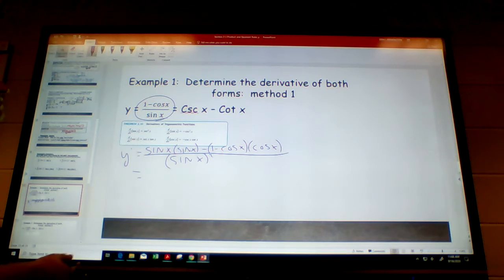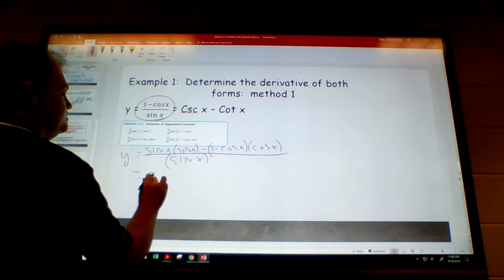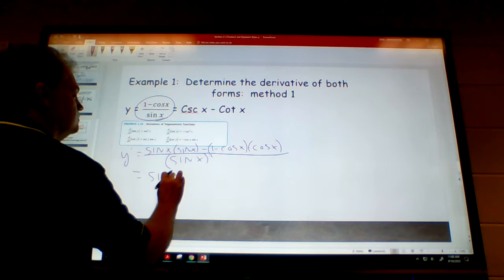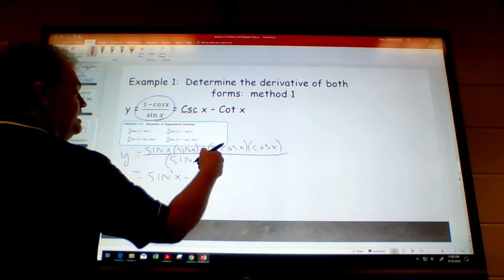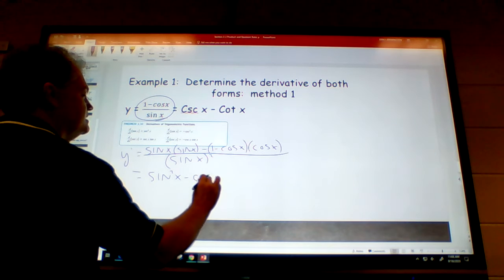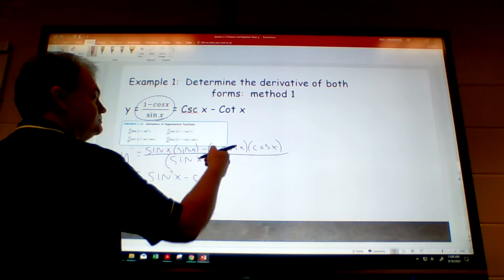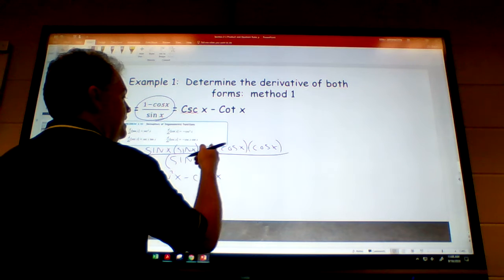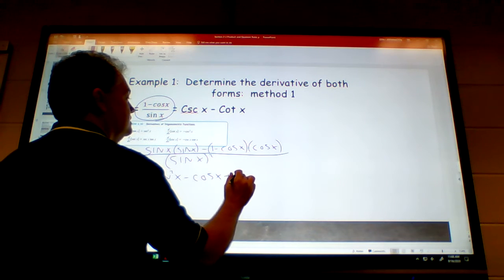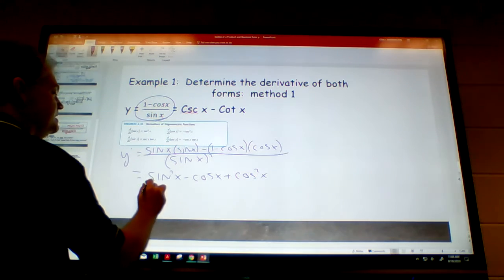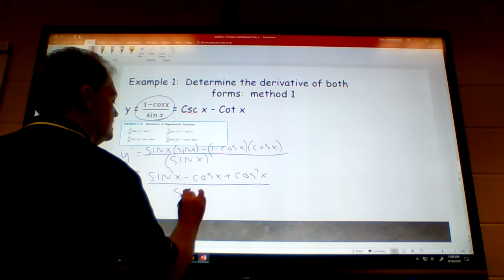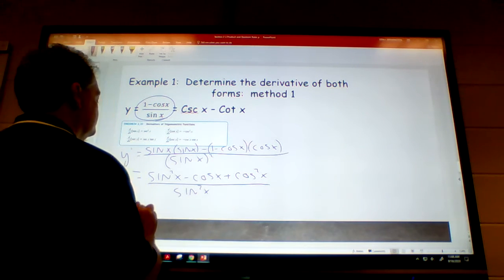When I simplify that, it's sine squared x, minus, now I distribute, minus cosine x, and then minus minus makes it plus cosine squared x, all over sine squared x.